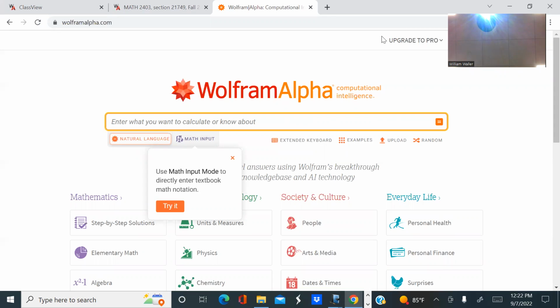And the nice thing about Wolfram Alpha is it tries to use natural language. So you can sort of type in what you want done, in the way you're thinking of it in English, and then you can see what Wolfram Alpha does. Sometimes that works nicely, and sometimes it doesn't. Now, the bad thing about Wolfram Alpha is that this is the free version available on the webpage.